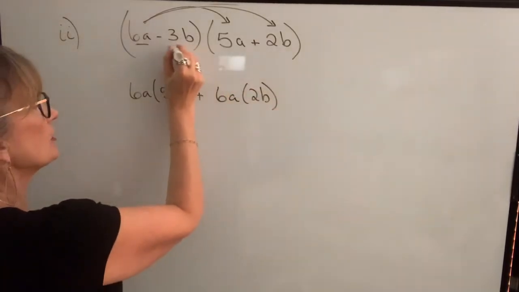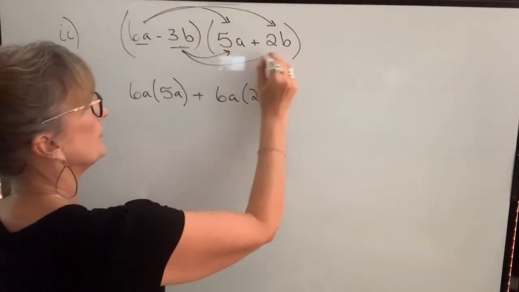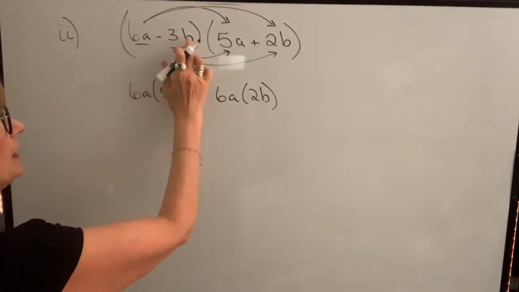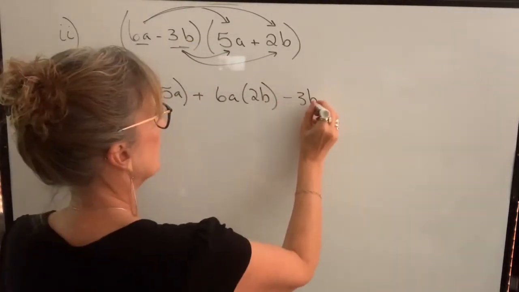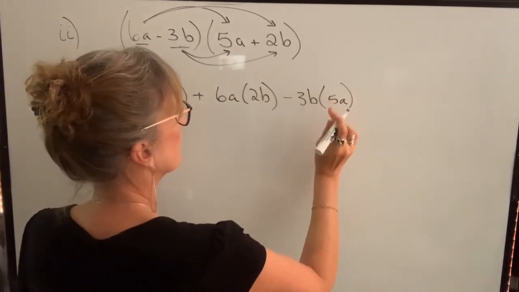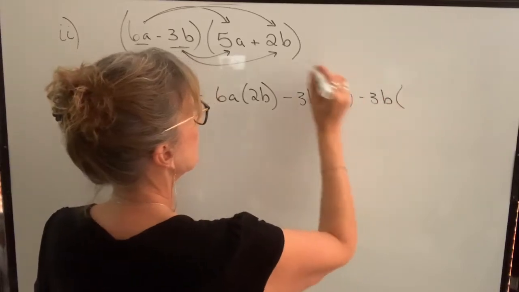Now I take my second term in my first polynomial and multiply to each term in the second polynomial. So it's going to be negative 3b times 5a minus 3b, so negative, times 2b.